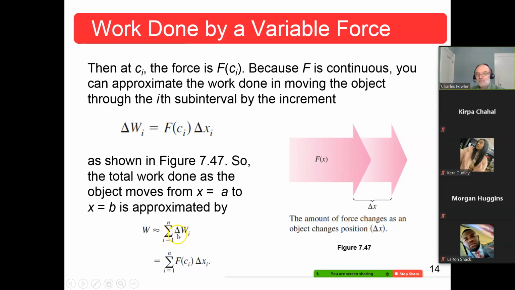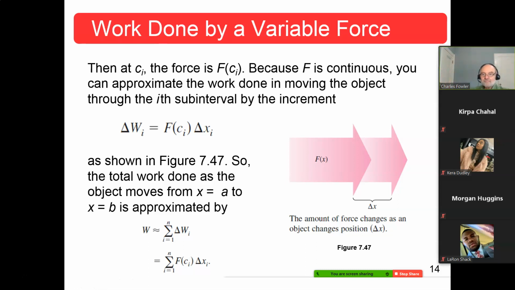So you sum up, as i goes from 1 to n, your delta W sub i, which is F of c sub i, the force at some point in that interval, times your delta x sub i. Do that for every increment and sum those up, and that's approximately the work done in that interval from A to B.